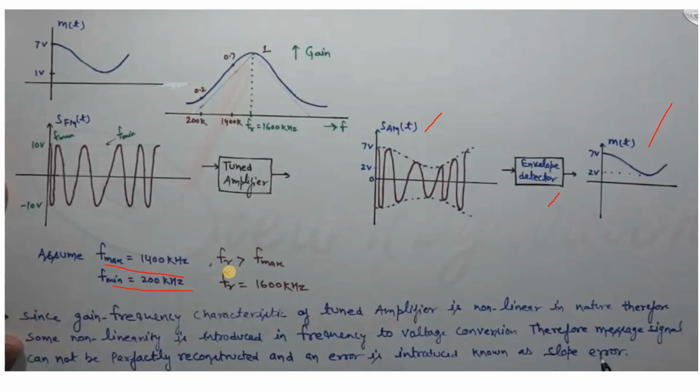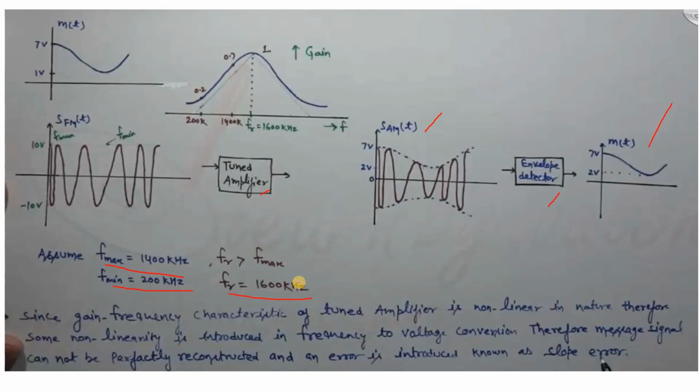Then FR should be greater than F max. FR is 1600 kilohertz. It means the resonant frequency of the tuned amplifier should be greater than F max, so they decided on 1600 kilohertz. It is feasible and good to choose this to design the tuned amplifier.